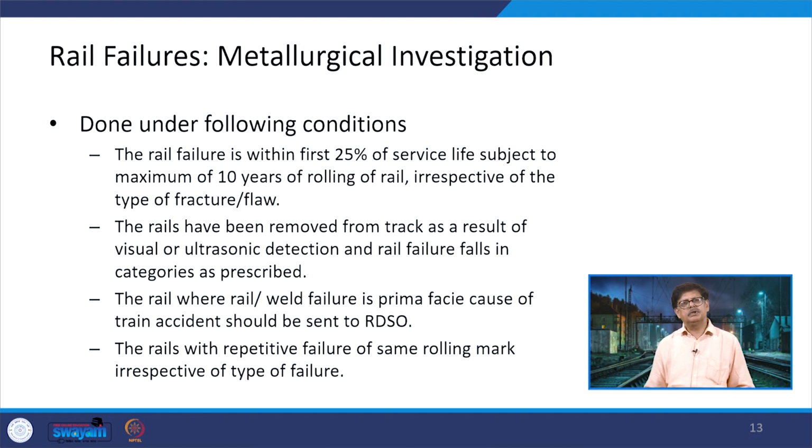Now, what are the conditions when we should go for a metallurgical investigation when any such failure occurs? So, let us look at that. The first one says when the rail failure is within the first 25% of the service life.